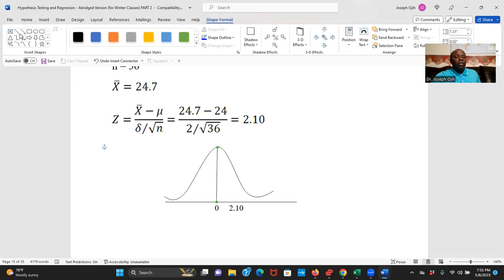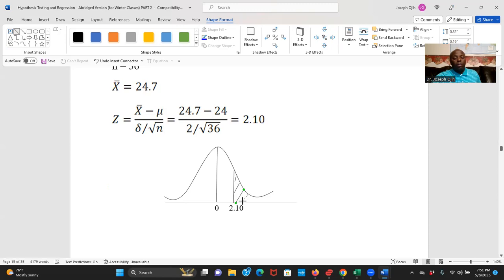This line, then this is our 2.10 here. These are the tails. And when it's at the tail, remember what I told you. You subtract your answer from 0.1. Sorry, from 0.5, not from 0.1.